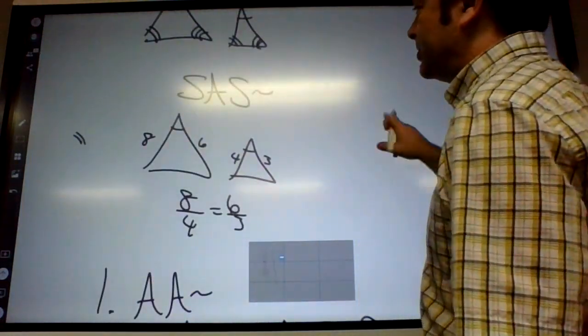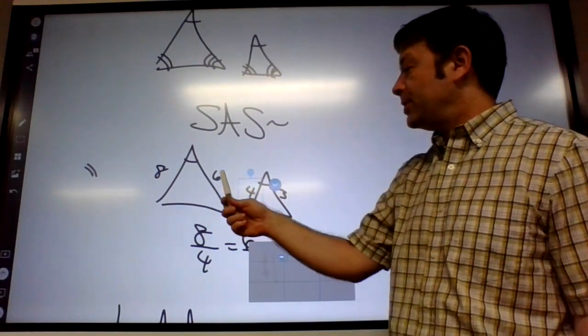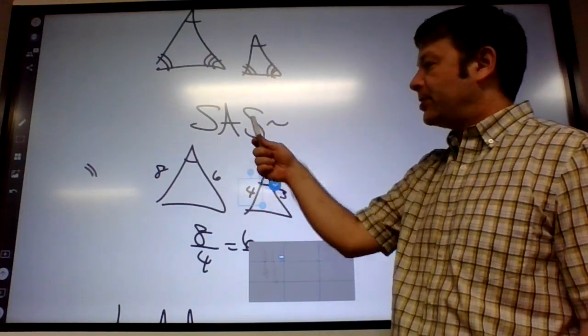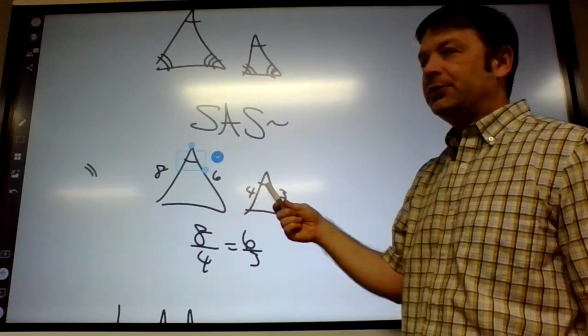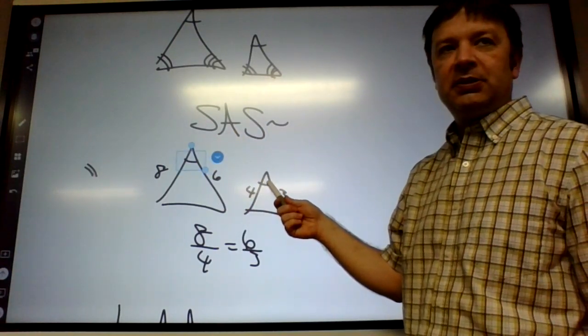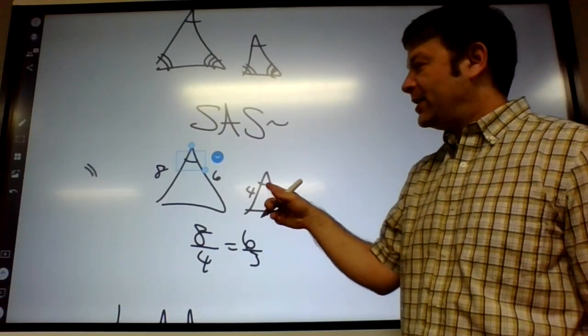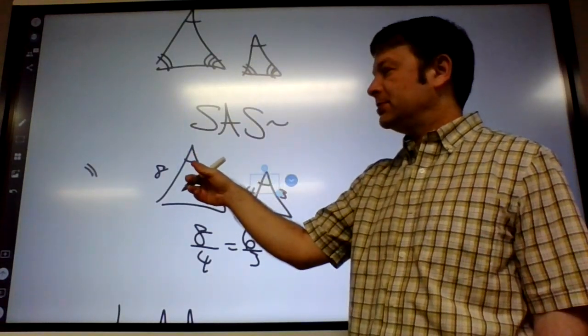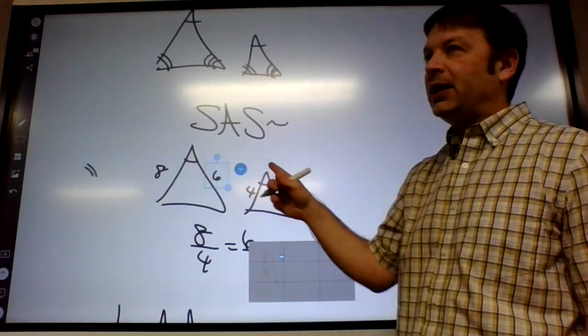Like 8 over 4 equals 6 over 3. That's the sides part. And the angle has to be right between those 2 sides and has to be the same. So does it have a congruent angle, and are the two sides around the angle proportional?